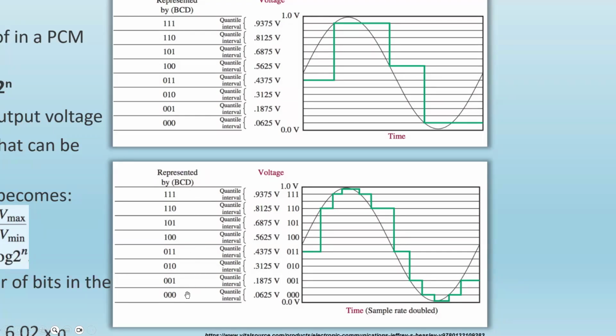So the number of bits didn't change. We have just changed how often we stop and take a look. So the sample rate has doubled. So of course, we're going to have a better representation because we're taking a look at what we have there more often.